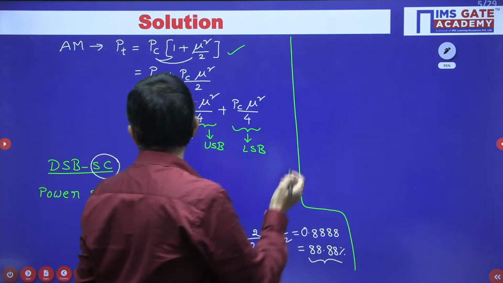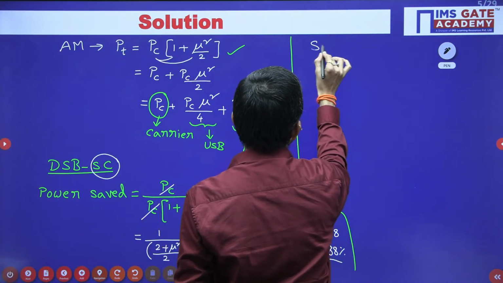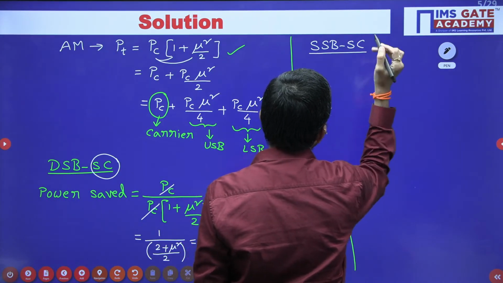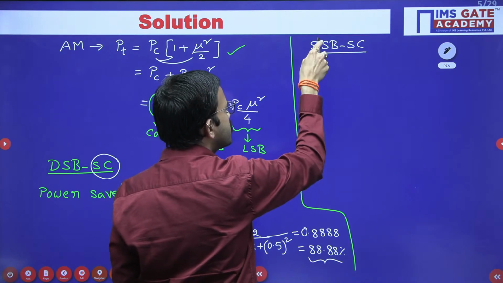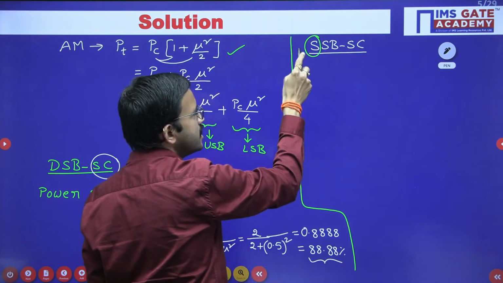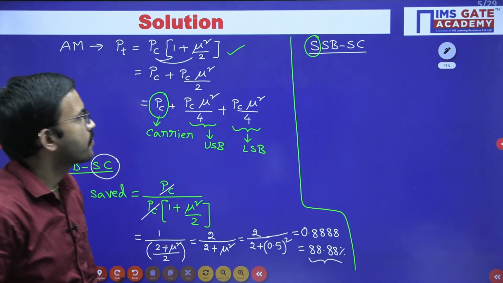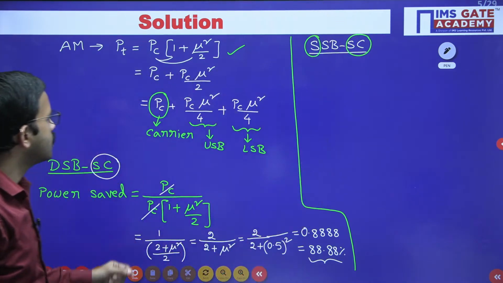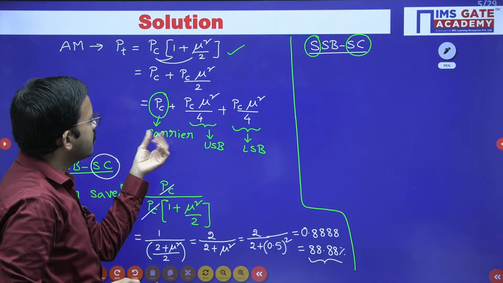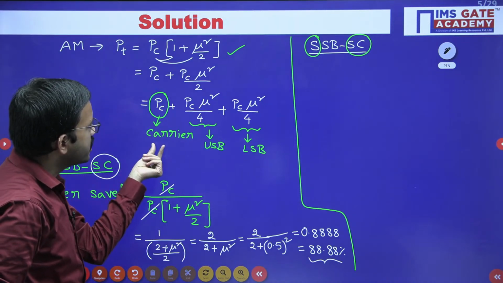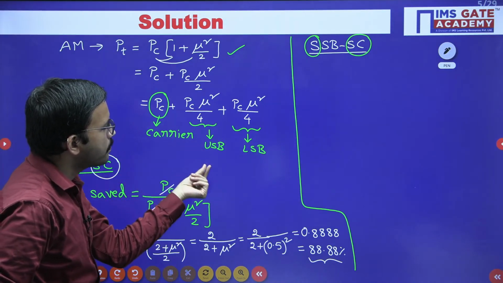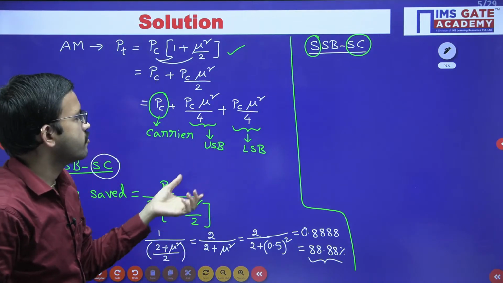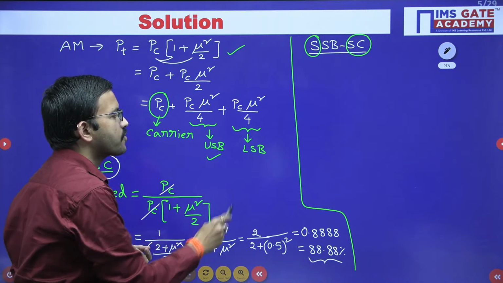Now regarding SSB-SC, as the name implies, here we are using only one sideband, single sideband, and we are suppressing the carrier also. Now you can observe, here you are having carrier component, upper sideband and lower sideband, but in this modulation technique, according to your requirement, you can use only one of them.